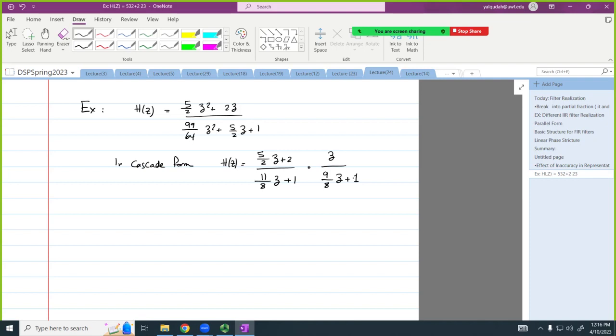However, if I look at the coefficients here, I have a 5 over 2, I have a 2, I have an 11 over 8, and I have a 9 over 8. If I look at the binary representation of these, 5 over 2 is going to be 010.1, so I need one fraction bit. The 2 is going to be 010.00. 11 over 8 I can write as 001.011, so I need 3 fraction bits.